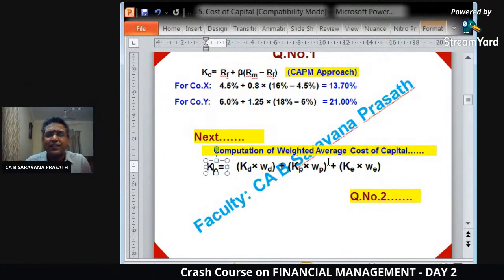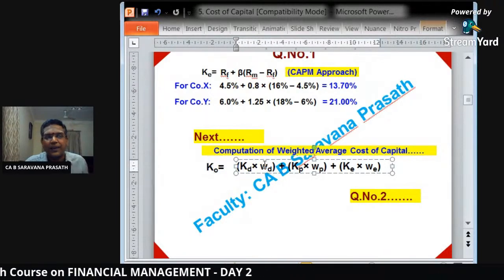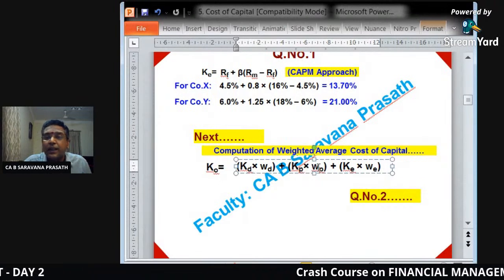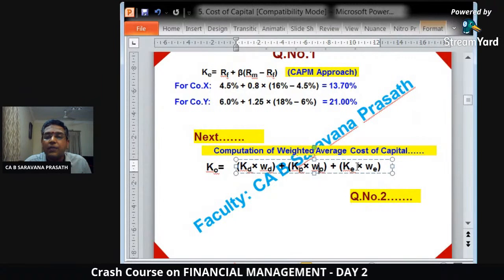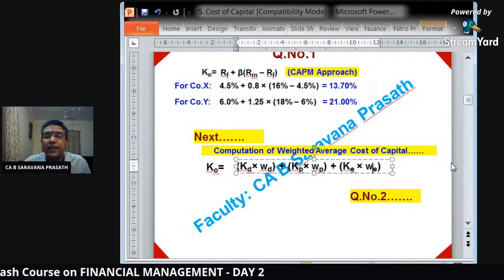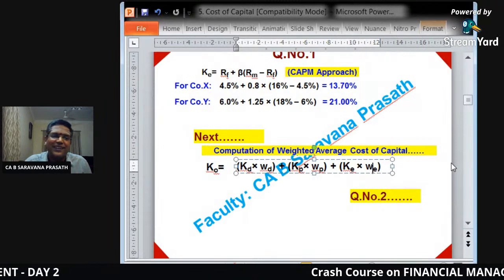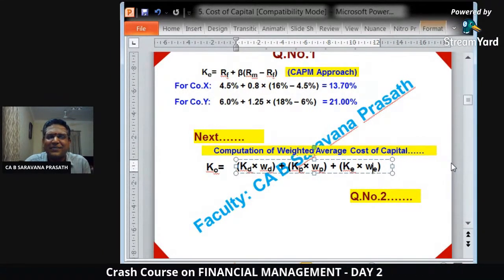Very simple. Debt cost into debt's percentage in the total capital, plus preference capital's cost multiplied by preference's weightage in the overall capital, plus equity capital's cost multiplied by weightage of equity in the overall capital. Those who are a little bit mathematically oriented will know that it is a very simple concept of weighted average.